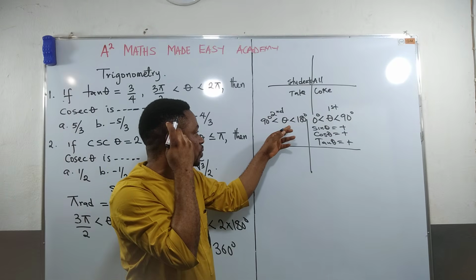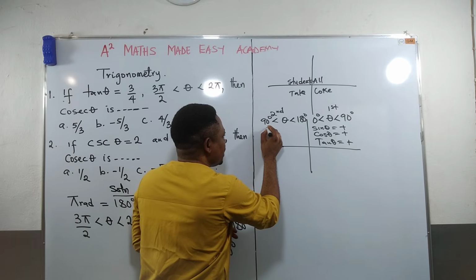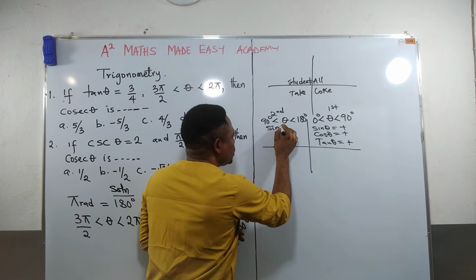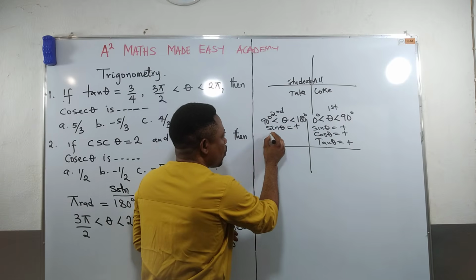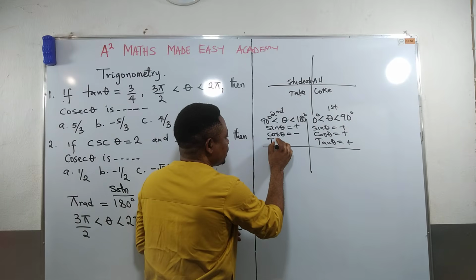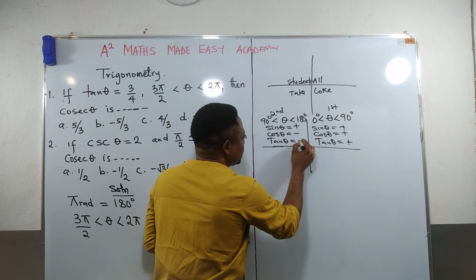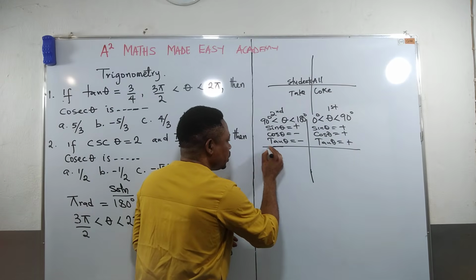Anytime you are given this angle, we call it the second quadrant. It implies that sine theta is the one that is positive, while cos theta is negative under the second quadrant, and tan theta is also negative under the second quadrant. Now we move to what we call the third quadrant.